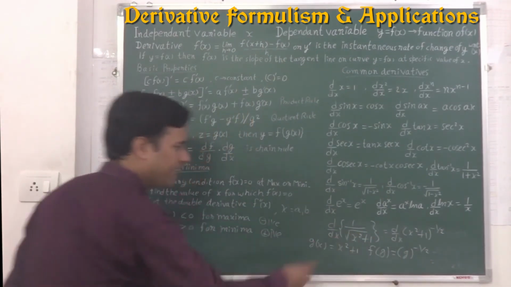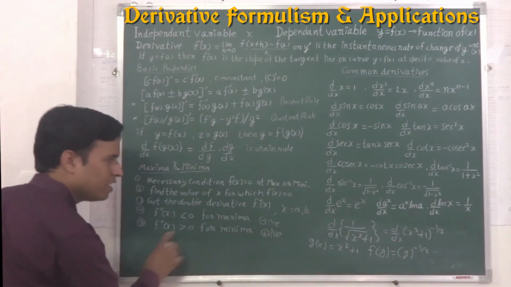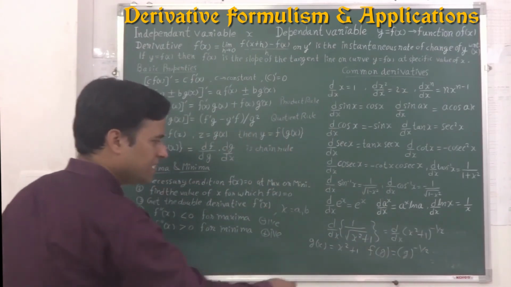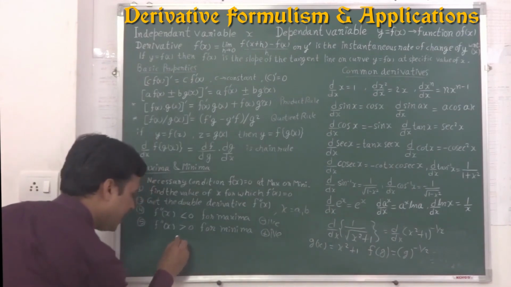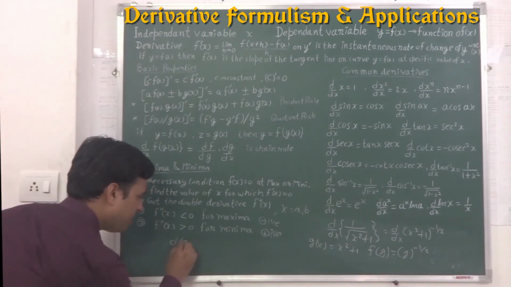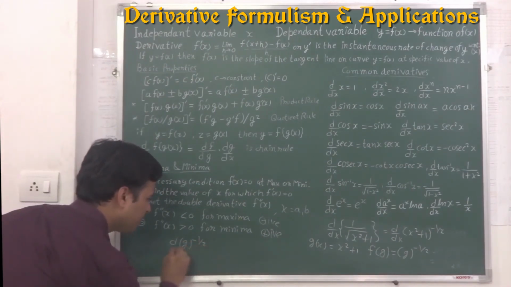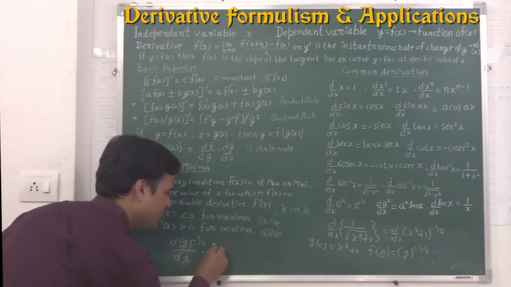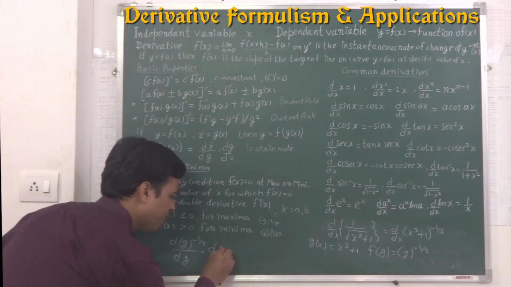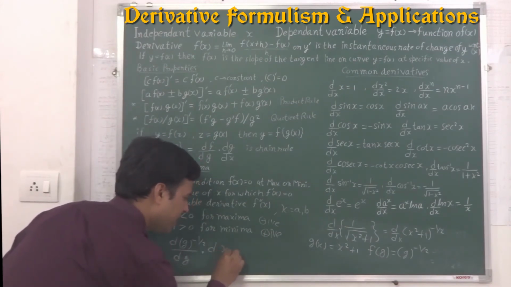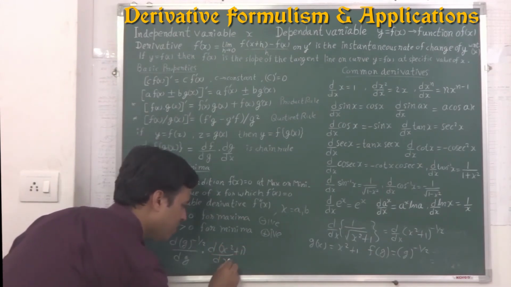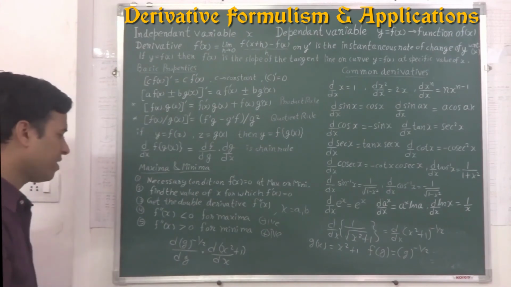Now, after applying it, we will get the derivative of this function with respect to g, that is g power minus 1 by 2 with respect to g, multiplied with the derivative of the function g, which is nothing but x square plus 1, with respect to x.